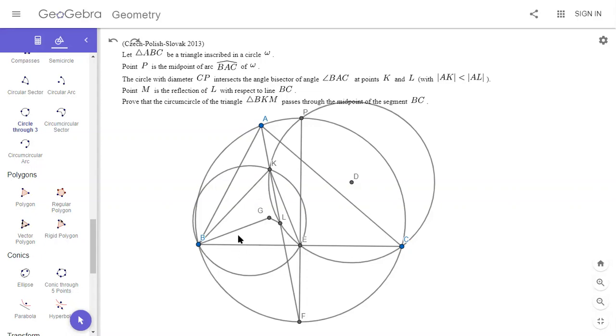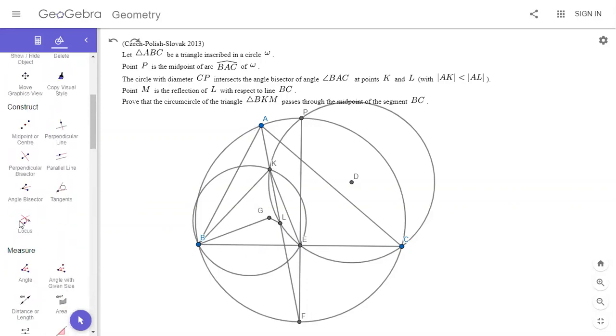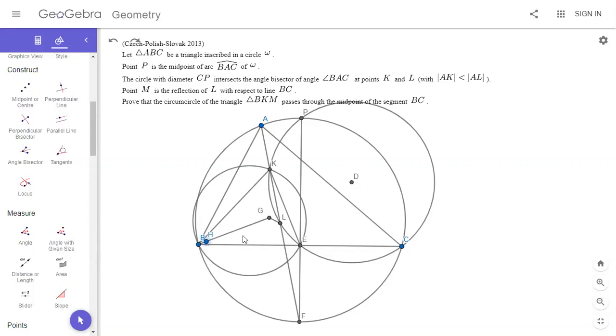So we want to show BLE is BKA. Hold on a sec. BLE and BKA. What am I missing here? Because BLE is equal to BGE. Isn't BGE 180 minus BKE? Oh, because AK and E aren't collinear. Ah, stupid me. Okay.